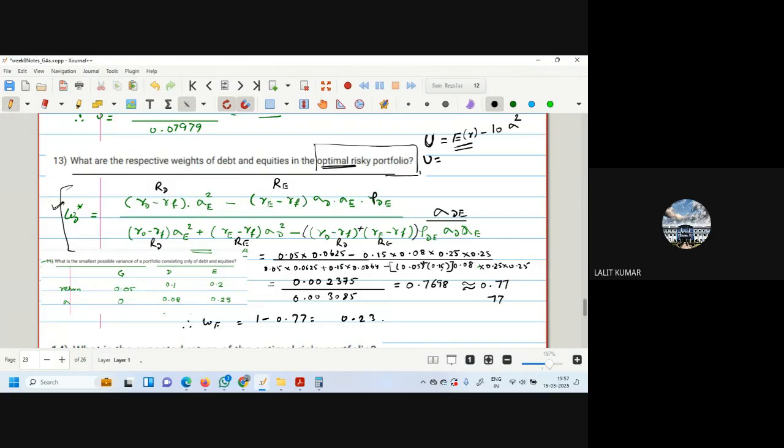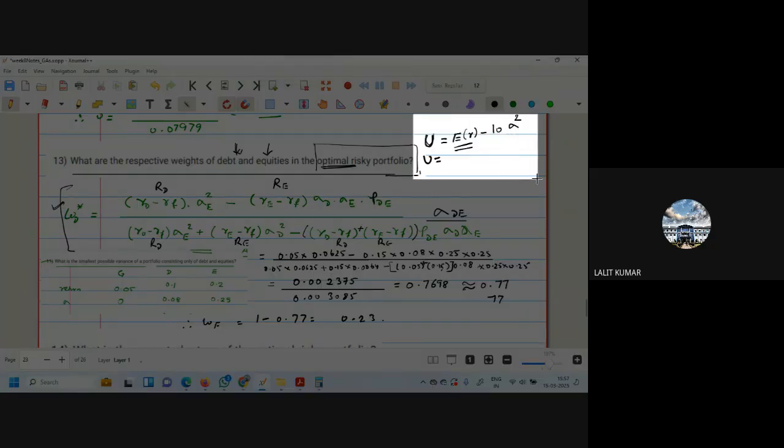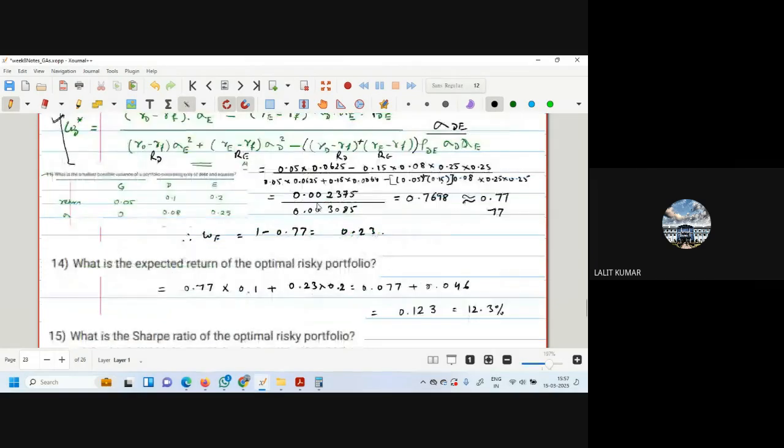Now you have found, for example, the respective weights of debt and equity. It is asking only about debt and equity. So if you forget this formula, I will try to explain how you can still get the answer.